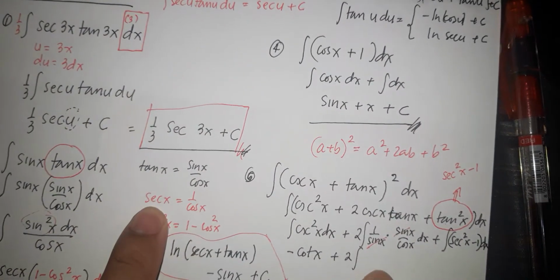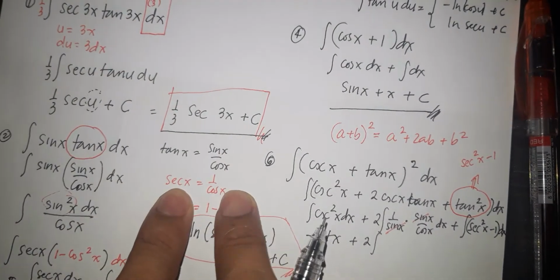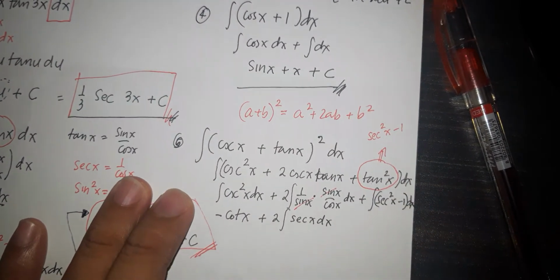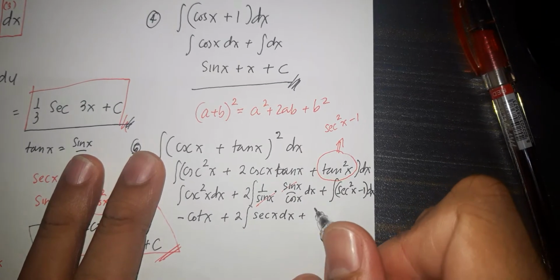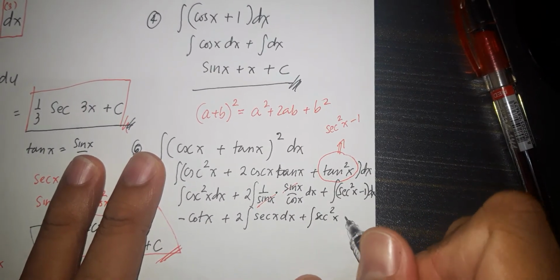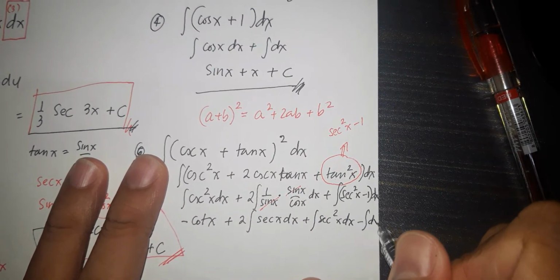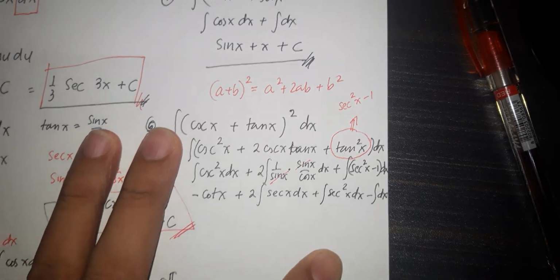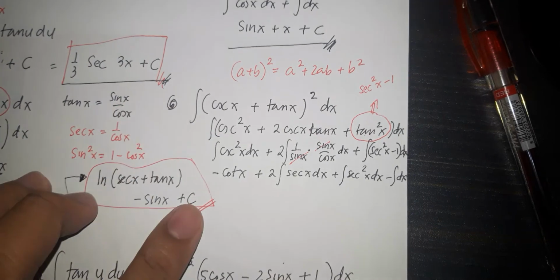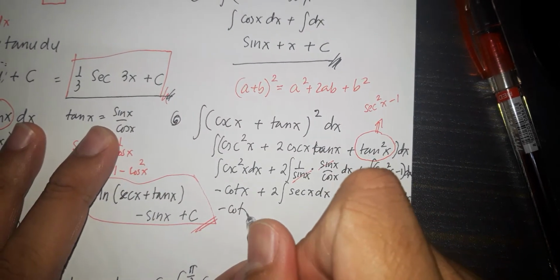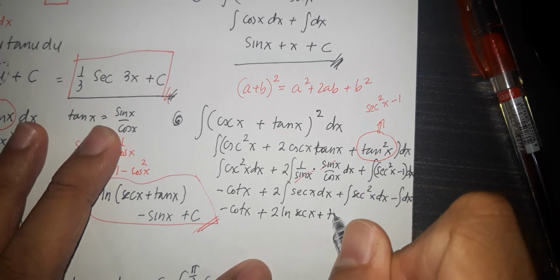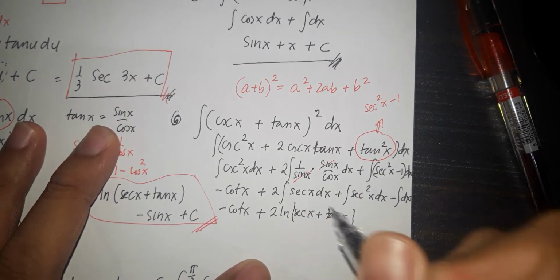Simplifying, integral of cosecant squared dx is negative cotangent of x plus 2 integral of this sine x cancels out. And then you have dx over cosine x. Sabi nung ating principle kanina, 1 over cosine is secant. So, magiging integral of secant x dx lang siya, plus integral of secant squared x dx minus integral of dx pag dinistribute natin yung secant squared x minus 1 multiplied by dx. So, this gives you negative cotangent of x plus 2 ln secant x plus tangent x.